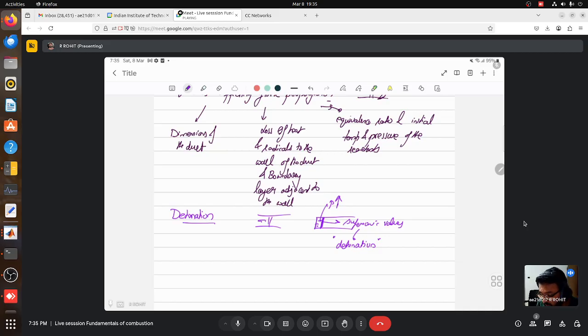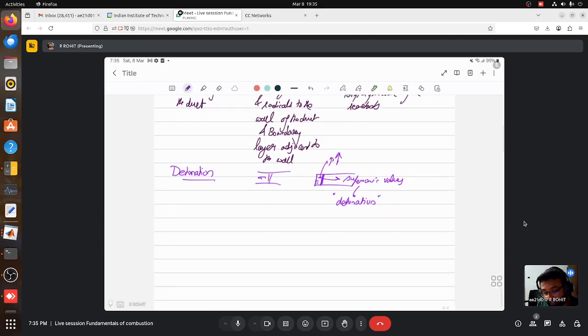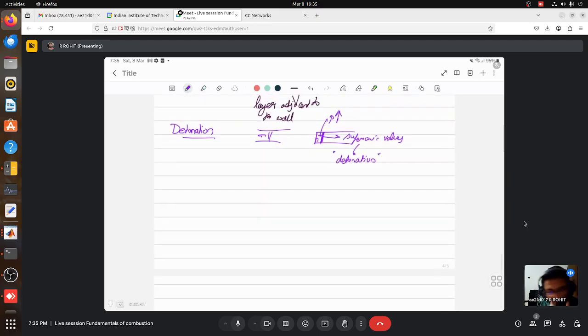Now detonation is not easy to establish in practical situations and finds place in certain unique applications like in pulse detonation engines and all this stuff, where they use these detonation principles to extract the energy to utilize it for producing work.